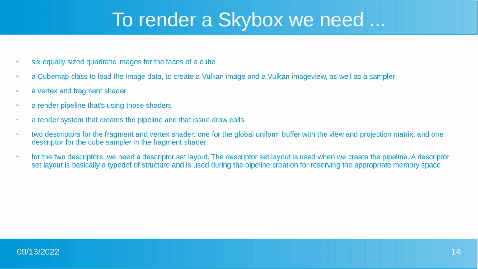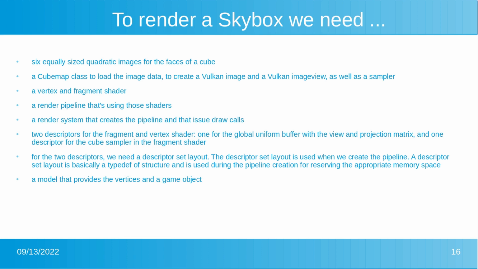For the 2 descriptors, we also need a descriptor set layout. The descriptor set layout is used when we create the pipeline. A descriptor set layout is basically a type definition of a structure and is used during the pipeline creation for reserving the appropriate memory.